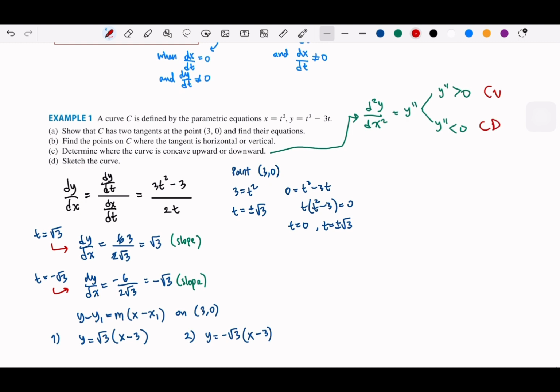And then we can try to work on the second derivative for this one, for the parametric. Remember, we try to find the second derivative through this statement here.